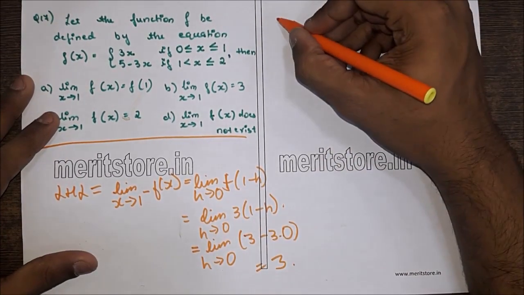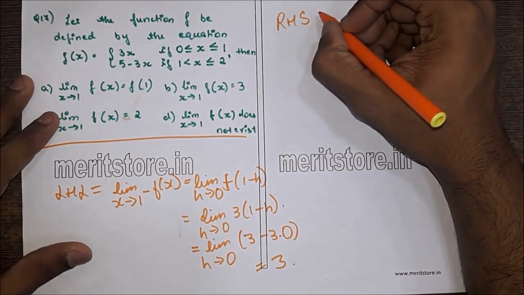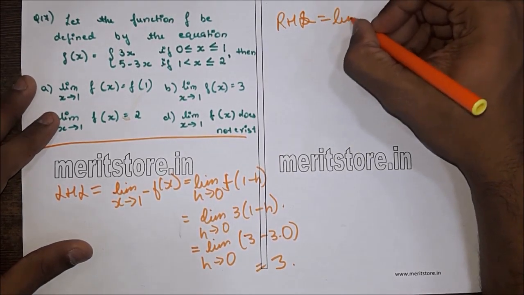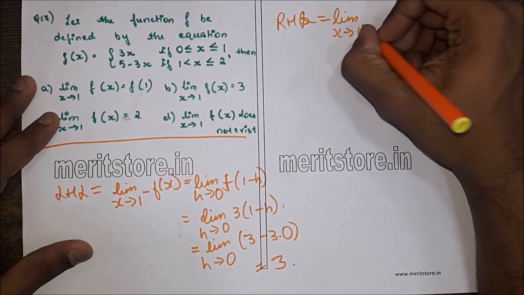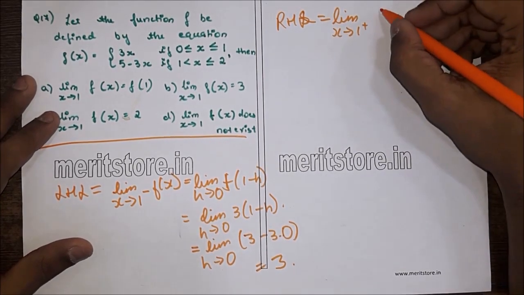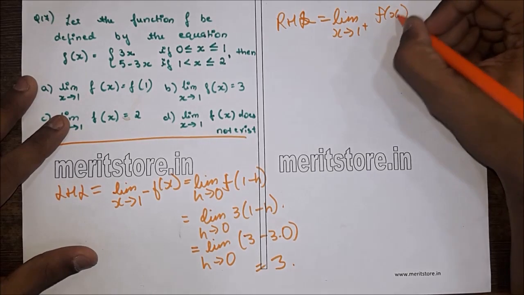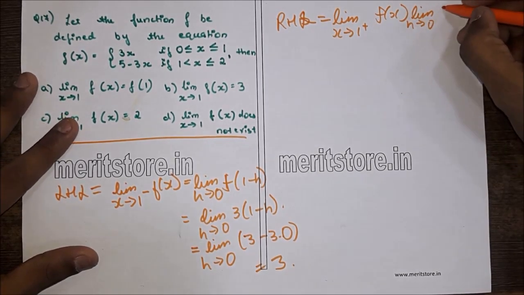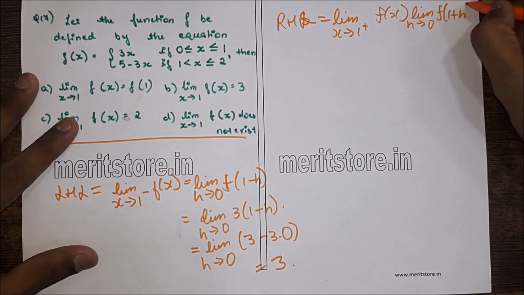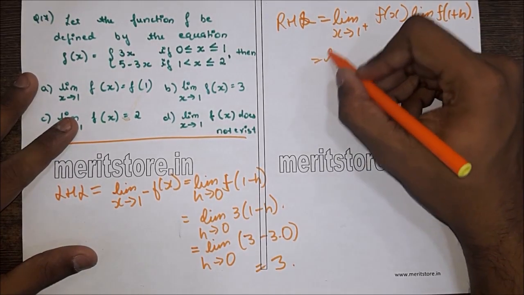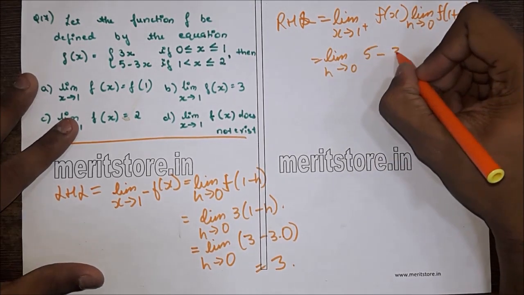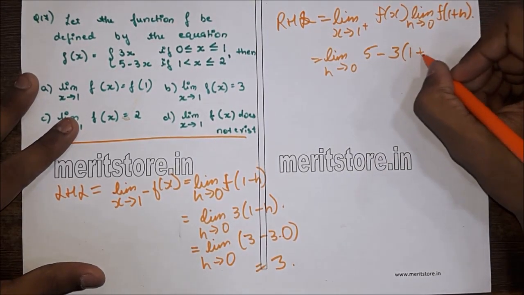Then we solve for the right hand side, or RHL. We get limit of x tends to 1 positive f of x, limit of h tends to 0 f of (1 plus h), which is equal to limit of h tends to 0 5 minus 3 of (1 plus h).